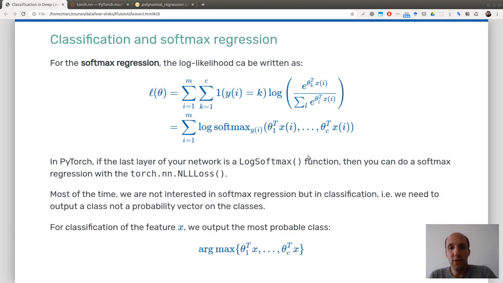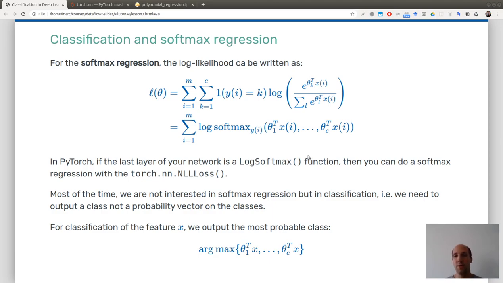So this is to do softmax regression, but most of the time we are not interested in softmax regression. We are not really interested in knowing the probability that this image is a cat or a dog. We want to do a classification. We want to decide whether this image is an image of a cat or an image of a dog. So in order to do that, it's very easy.